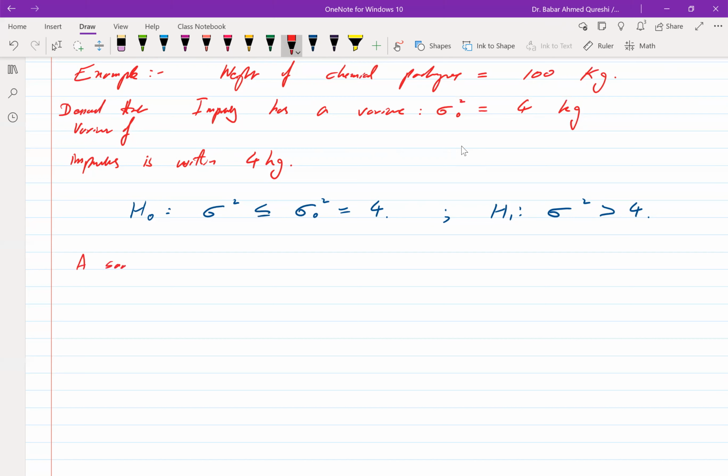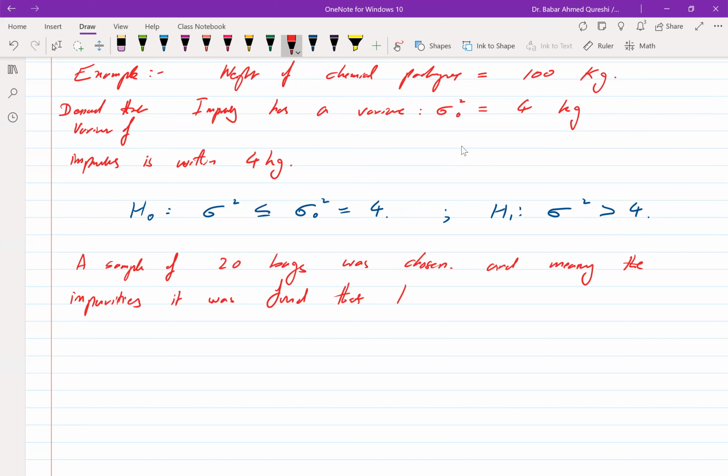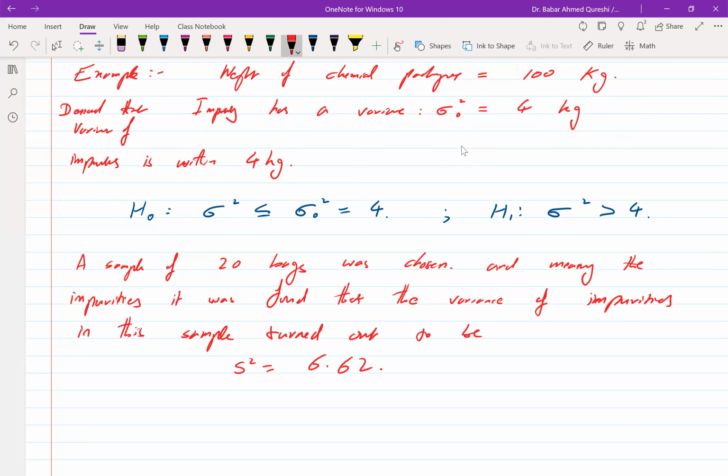So a sample of 20 bags was chosen. Measuring the impurities, it was found that the variance, because each bag had a different impurity level, of impurities in this sample turned out to be 6.62.